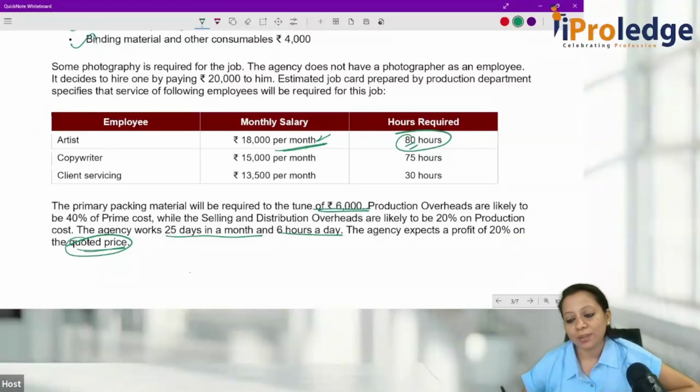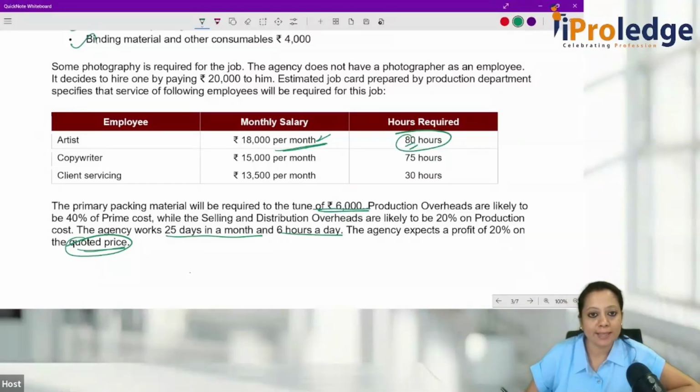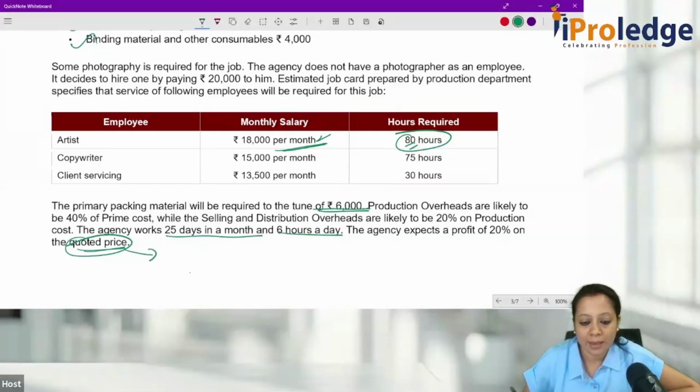Yeah. So now we will proceed to expects a 20% on the quoted price. Now, what is the meaning of quoted price? Quoted price means, suppose I'm a designer. Okay. So Nandini is coming to me for designing purposes. Now, I will quote her one price. Once she is coming to me, I'll quote her 20,000 rupees for her dress.